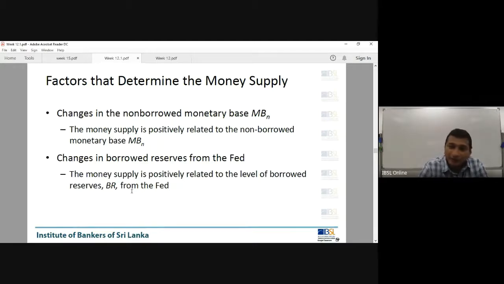Any increase in non-borrowed monetary base would increase the money supply. So similarly, you all also know changes in borrowed reserves from the central bank. Here you see it's the Fed, right? So anything that you borrow from the central bank in the form of reserves is also positively related to the money supply. So both non-borrowed and borrowed positively contribute to the money supply process.